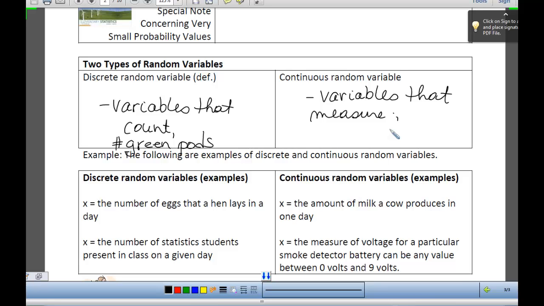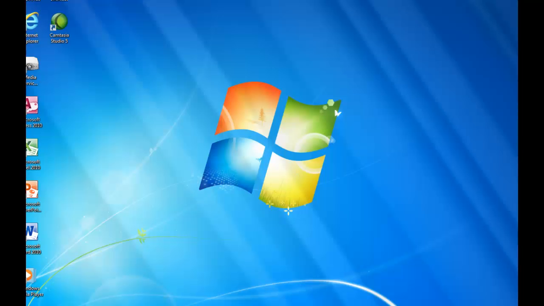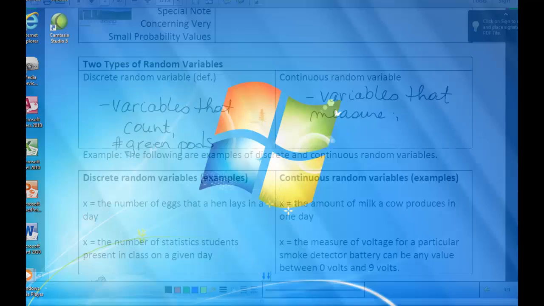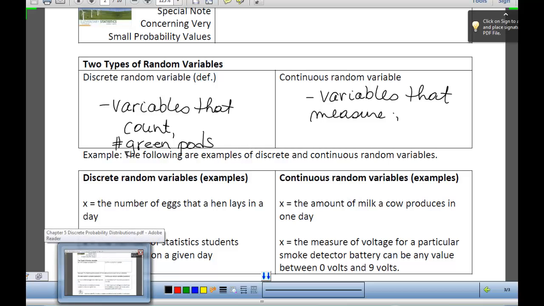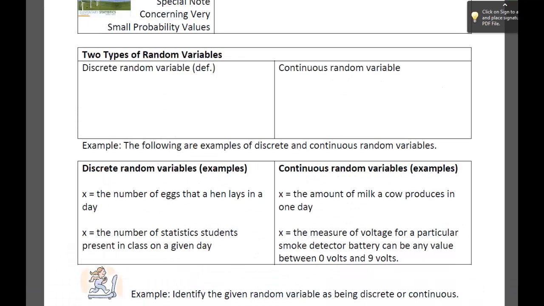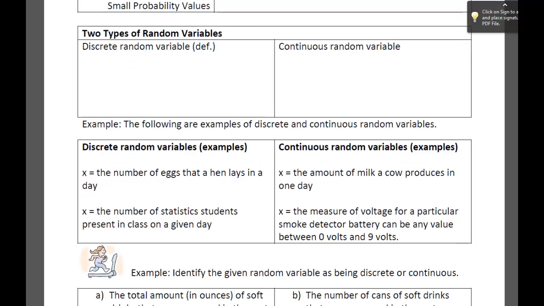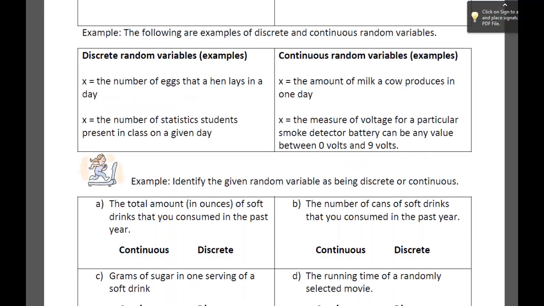Okay. All right. So just for some examples, let's look at these examples and see if we can determine, or I think I already gave them to you. The following are examples of discrete and continuous random variables. X is the number of eggs that a hen lays in a day. X is the number of stats students present in class on a given day.